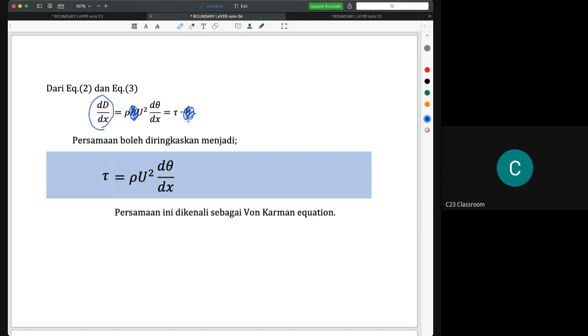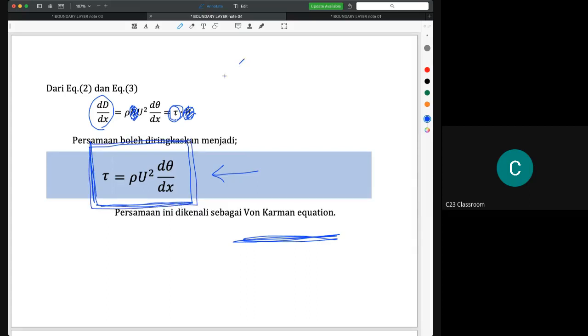This equation can be rearranged, because as I said, we need to estimate the value of shear stress. Now we have shear stress, which can be calculated using this equation. We call this the Von Karman equation: tau equals rho u square d theta dx. I hope you could remember this equation.